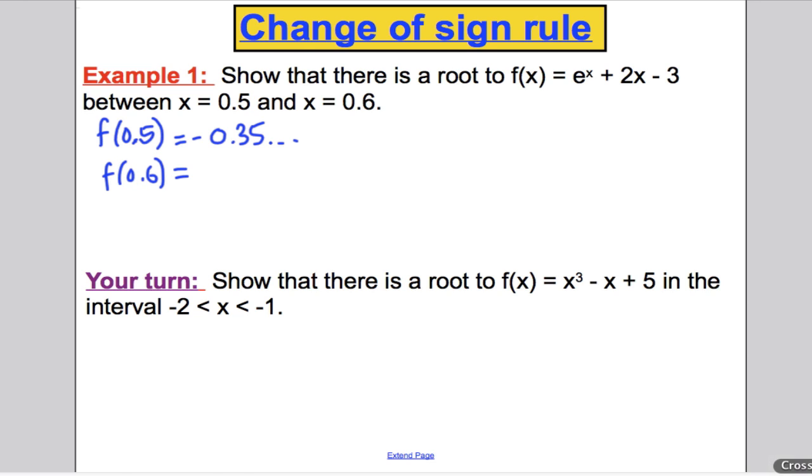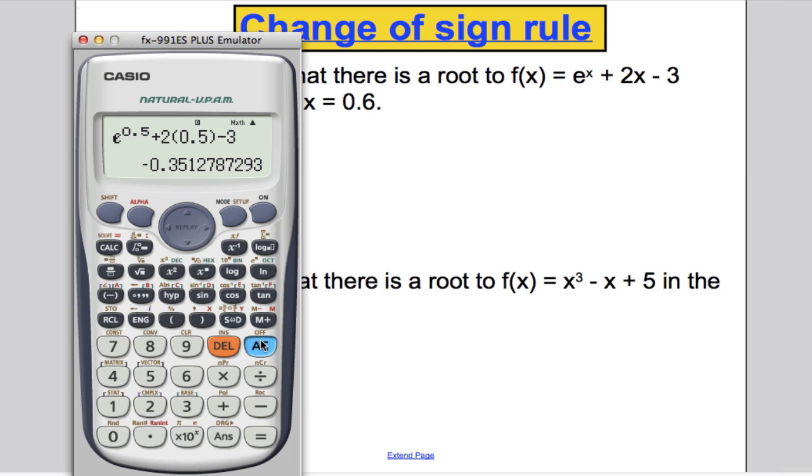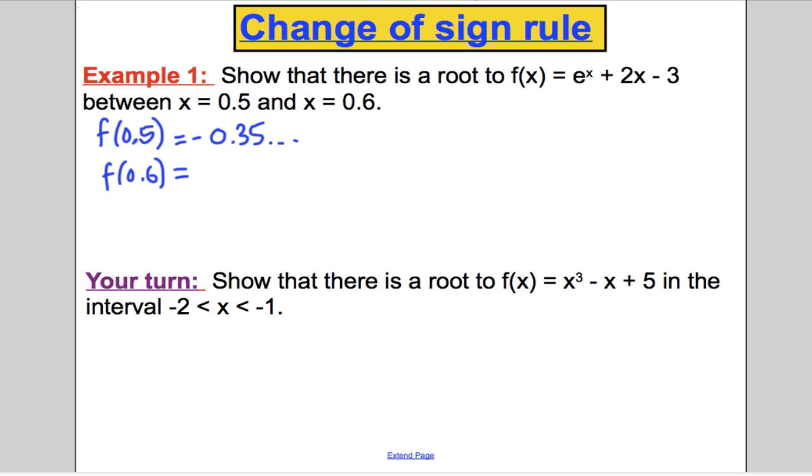so we get our calculator up again, clear it, and we want to work out e to the power of 0.6 plus 2 times 0.6 minus 3, and we get 0.02. So f of 0.5 is less than 0, and f of 0.6 is bigger than 0.